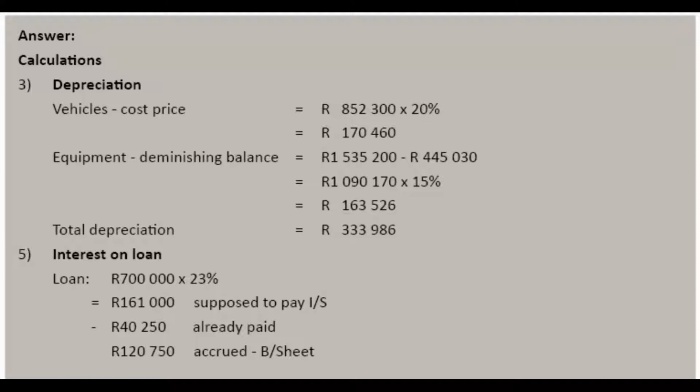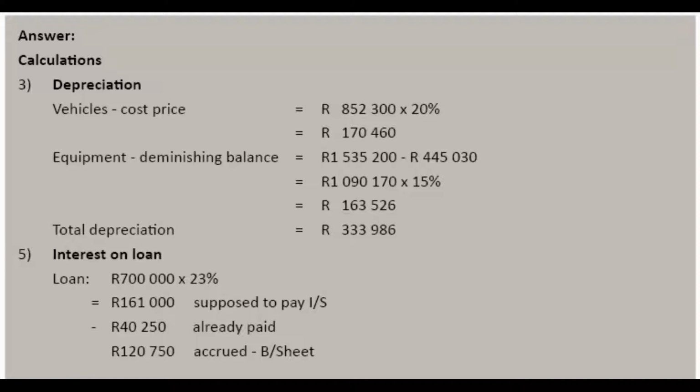Have we paid interest on that loan? We have already paid 40,250, so it's less 40,250. So what is accrued, the expenses accrued, is 120,750.